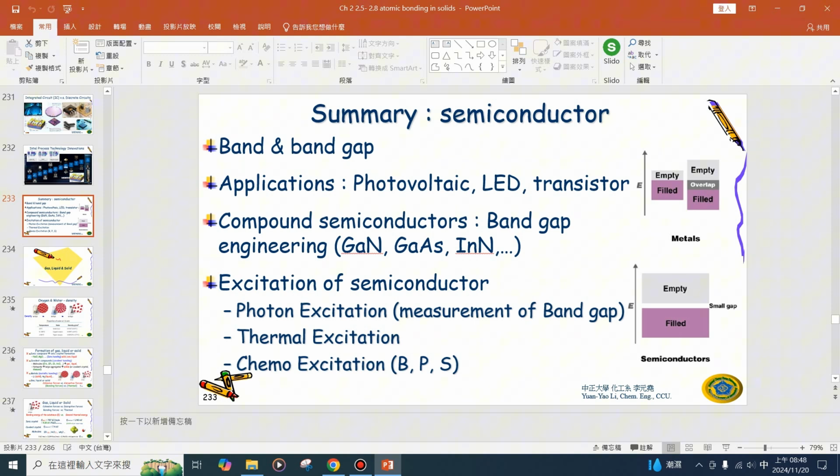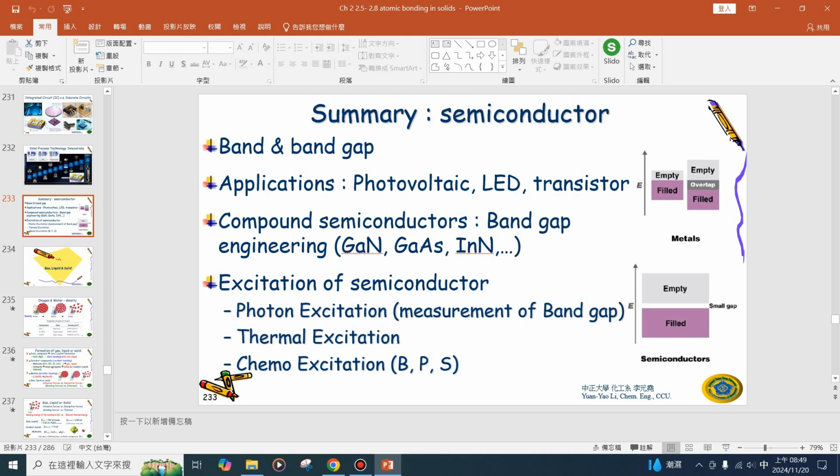If you put boron into silicon, this type of semiconductor is called positive type semiconductor, or negative type semiconductor, and why?